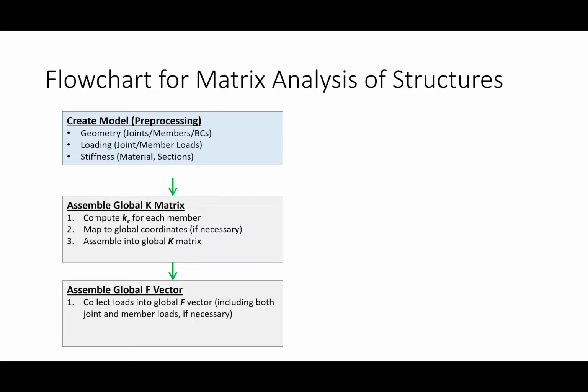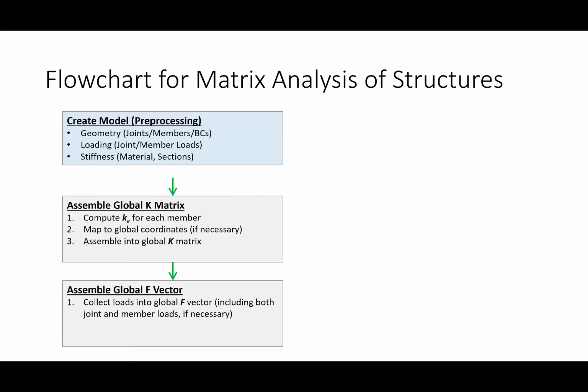The only reason I mention it as a completely separate piece of the process is that for bars and trusses, this is easy. For beams and frames, there is a little bit of work to do with assembling this force vector, but for us, we're not going to have to worry about it, okay?